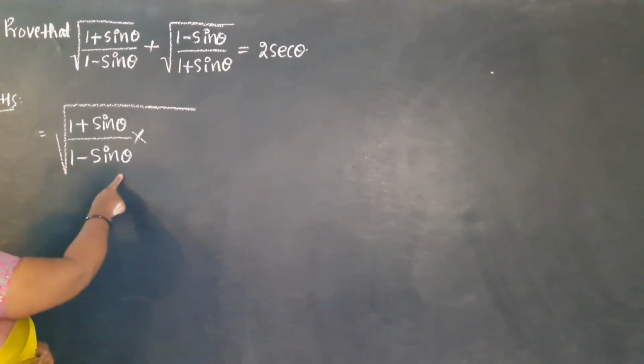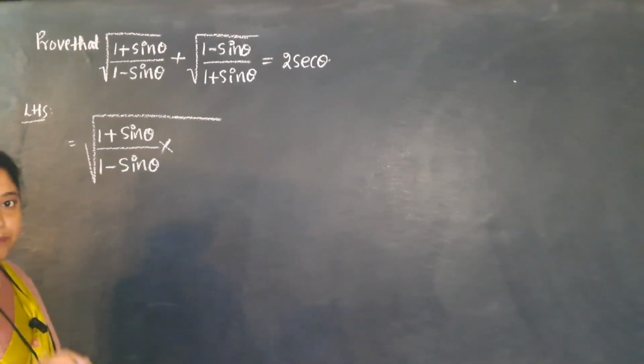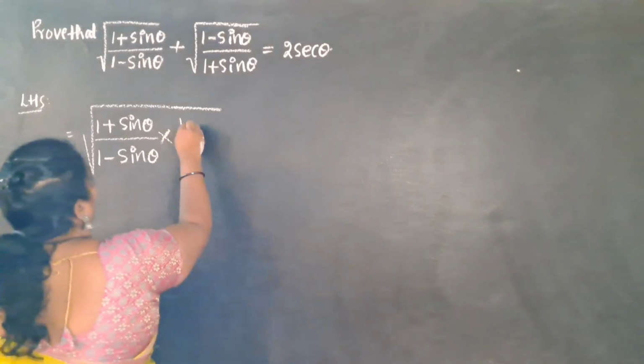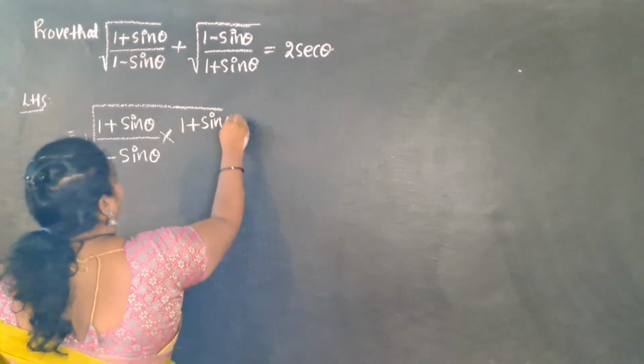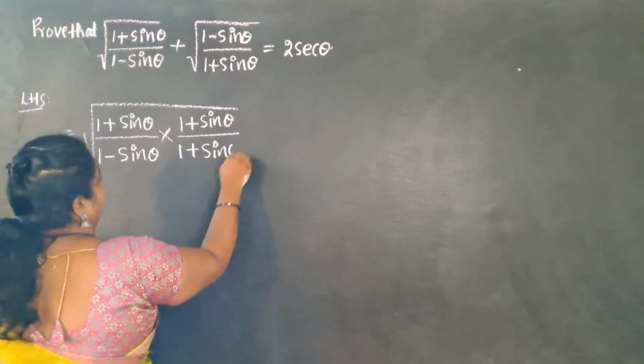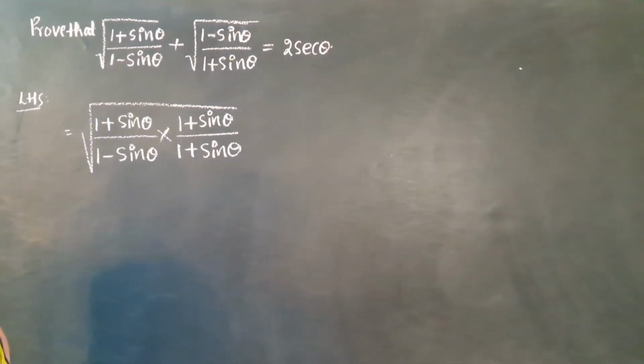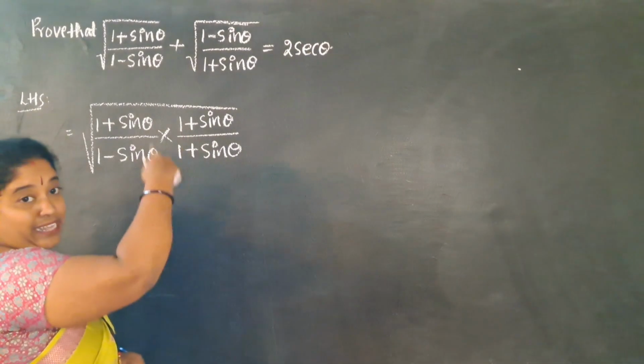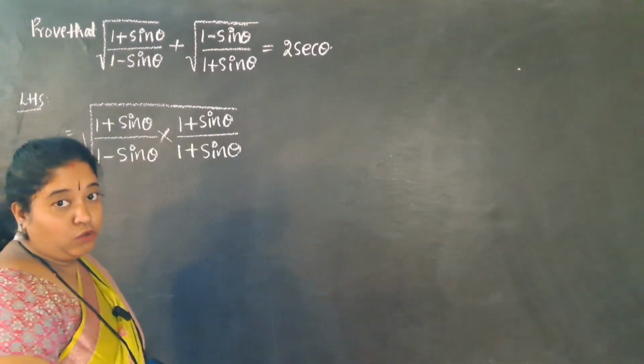Now it is 1 minus sine theta, so I have to multiply by 1 plus sine theta, into 1 plus sine theta divided by 1 plus sine theta. Same thing I have to do with respect to the other part also, dears.